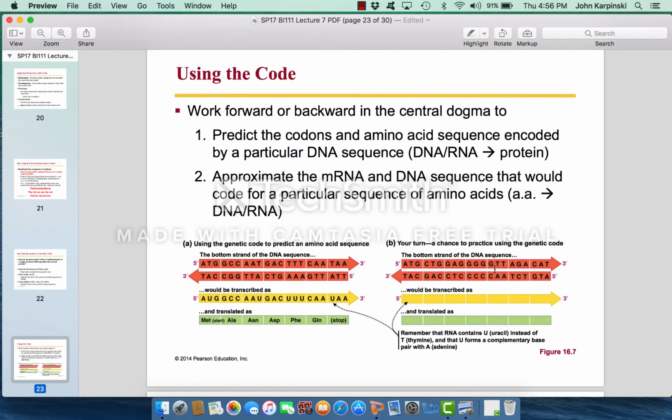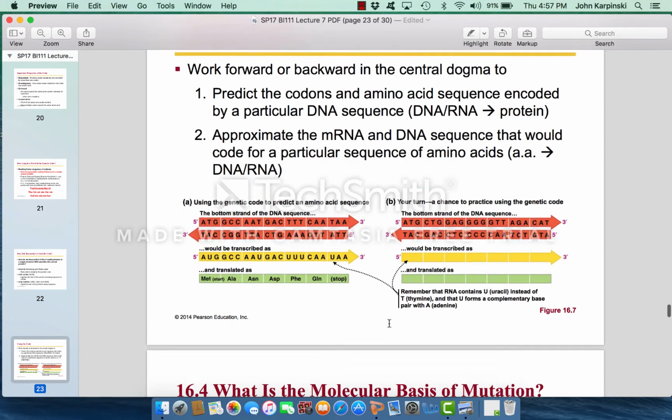So you'll actually be transcribing and translating your own genes. That will certainly come up in homework number 2, and you'll also see it on an exam. It's an important concept that we want to get across in this class.